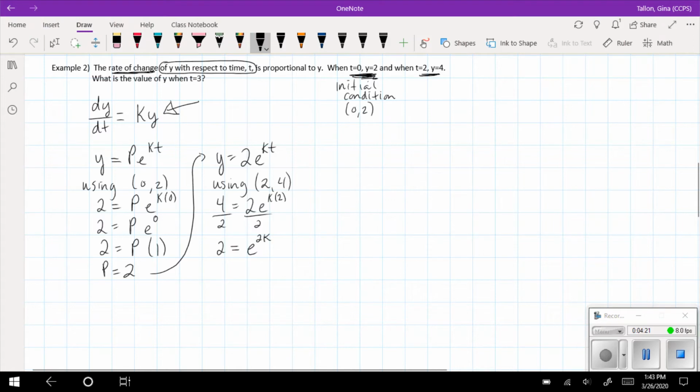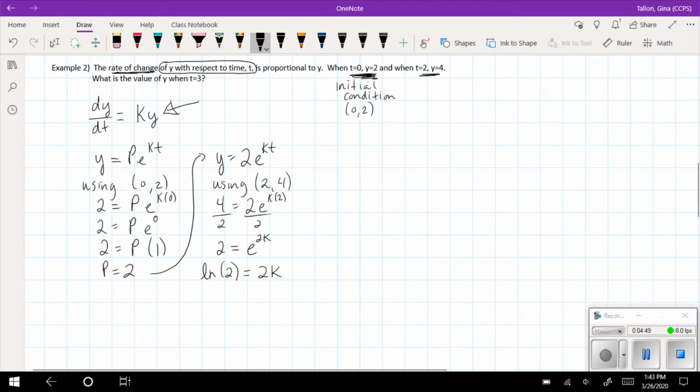Now I want to solve for k so I can put it back in my original formula and then use that information to get y when t equals 3. So I need that k out of the exponent. Right now this is written in exponential form. I am going to switch this into logarithmic form. This is going to give me natural log. Of course my base is e coming from this base. I don't have to write it though. So natural log of 2 is equal to 2k.